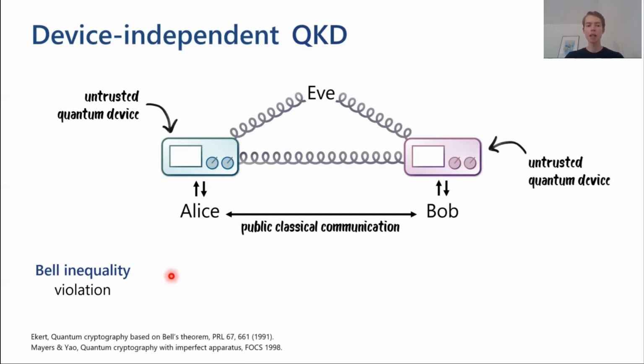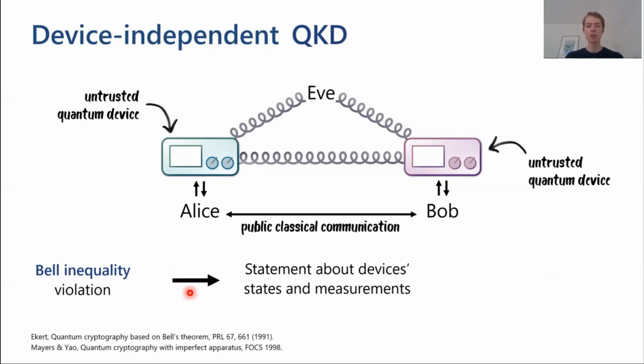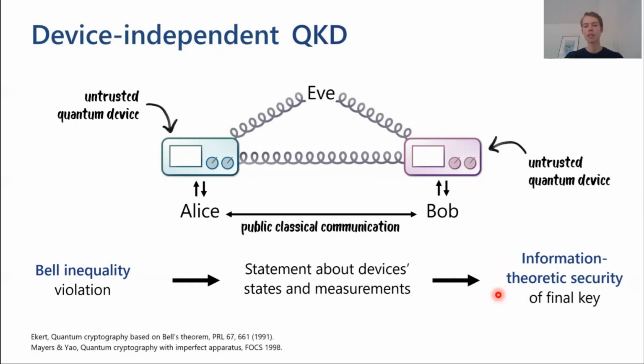And if they observe a Bell inequality violation, then this will allow them to make some sort of statement about the device's states and measurements. And from this, they can get an information theoretically secure final key. This information theoretic security just means that there are no computational assumptions involved, and Eve, even if she's arbitrarily powerful computationally, won't be able to do any better at finding out any information about the key than just by random guessing.